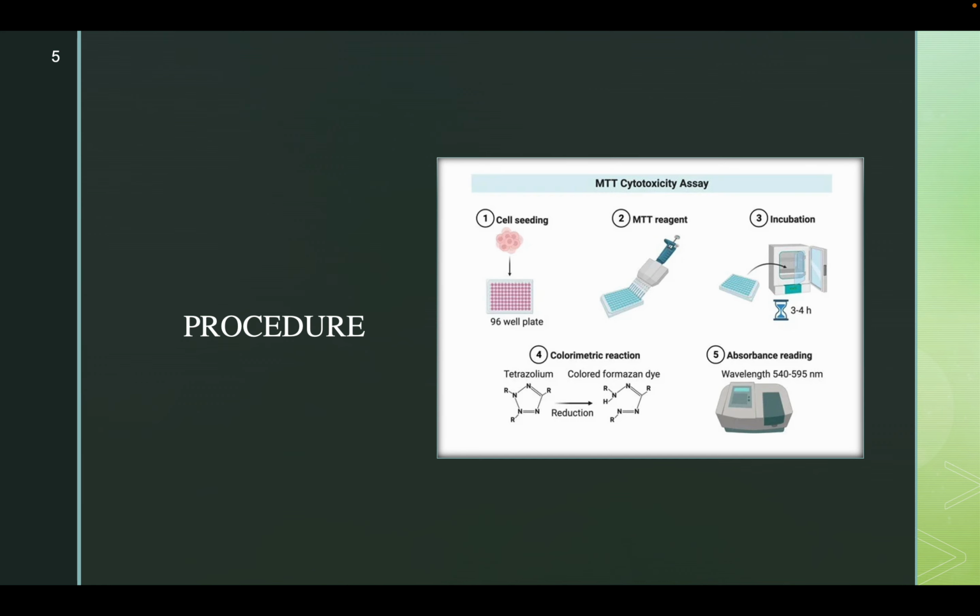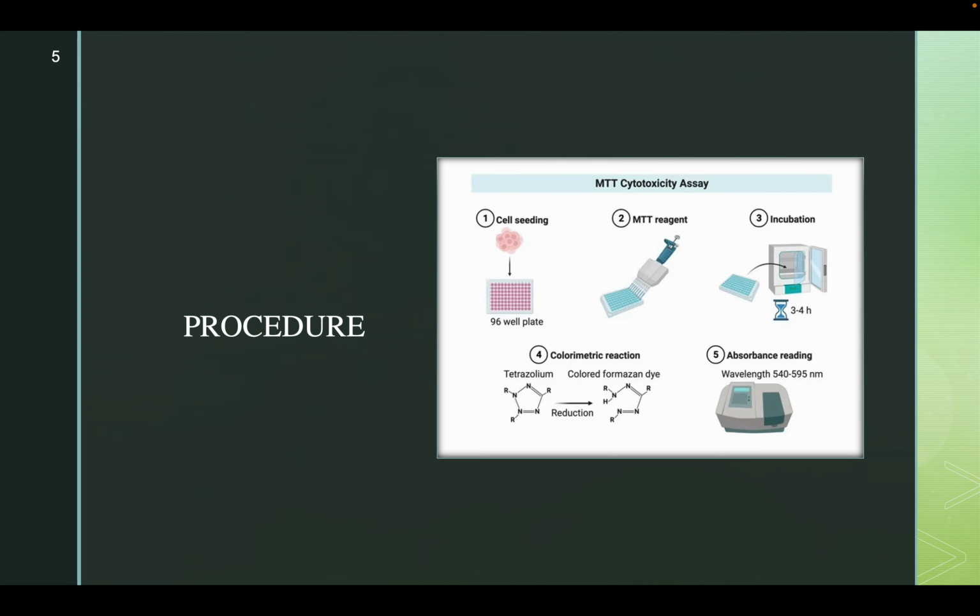And especially we must use DMSO to dissolve the insoluble formazan, and then read it by wavelength. We read at a wavelength between 540 and 595, but in my lab we used 570.